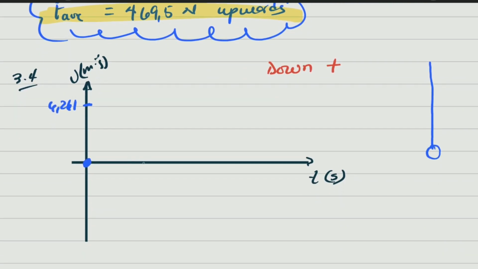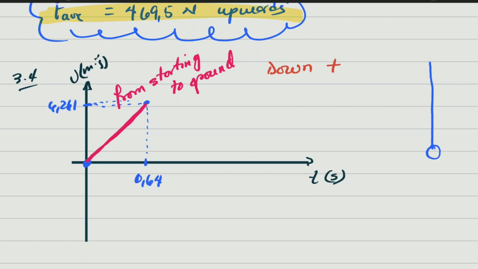So this time here was 0.64 seconds, and the ball moved in a straight line up to that point, okay? So this here is a straight, beautiful line for the first part of the motion. That means this here is from the release point to the ground point.